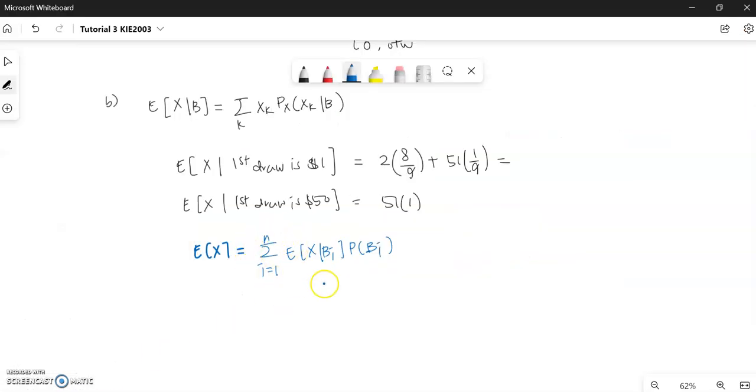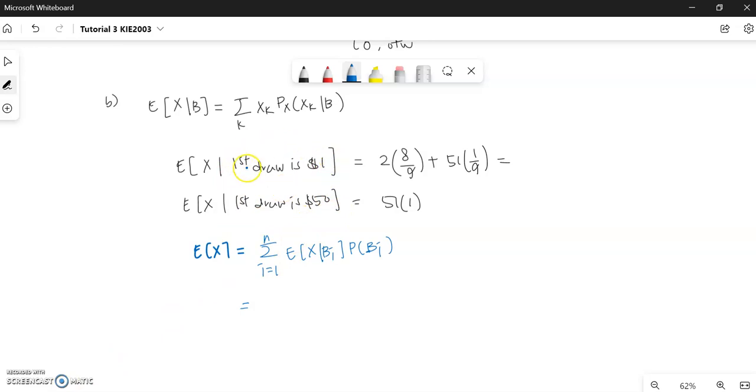I've rewritten the equation here. Our E of X becomes the conditional expected value multiplied by the probability that the first draw is 1, and then the same for the first draw is 50.